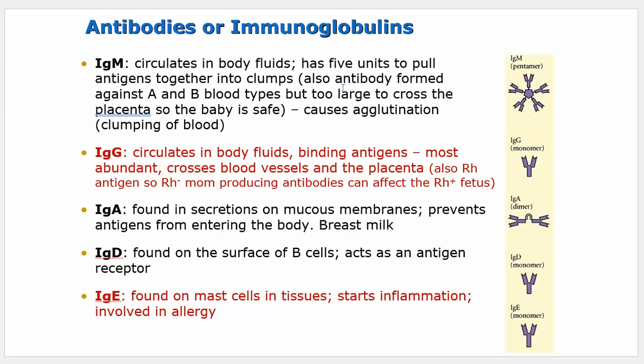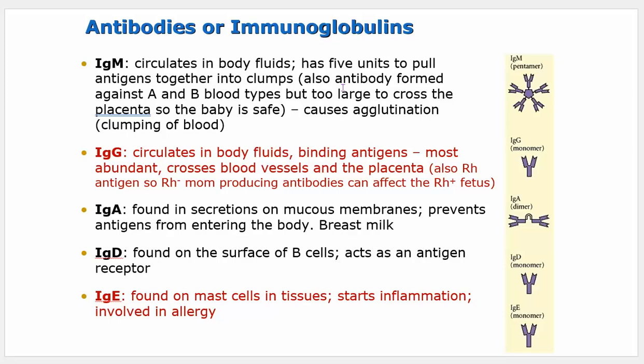So it causes agglutination, or the clumping of blood. This doesn't cross the placenta, so that's why mom won't attack the blood of the fetus, because this IgM won't move through to the fetus.